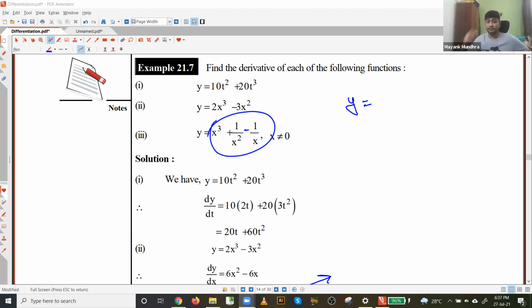So yeah, I want you to differentiate this function. y equals x cube plus 1 by x square minus 1 by x. Please differentiate this function.